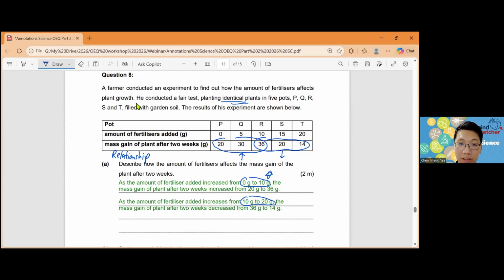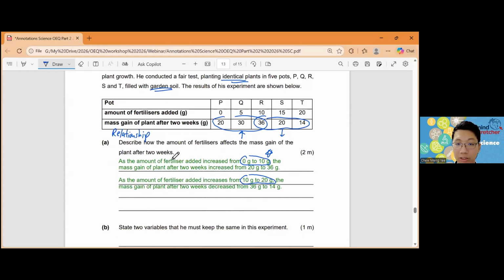So what else have they kept the same? Identical plants filled with garden soil. These are the things they have mentioned. Fertilizers, you may mention to use the same type of fertilizer, but we are changing the amount. Type of plant, they say is identical, so not a good answer. Type of soil, they are using garden soil, clearly mentioned, so it's not the best answer.